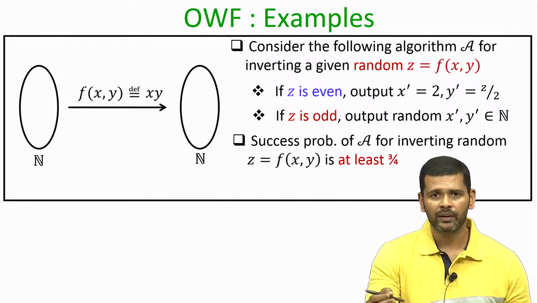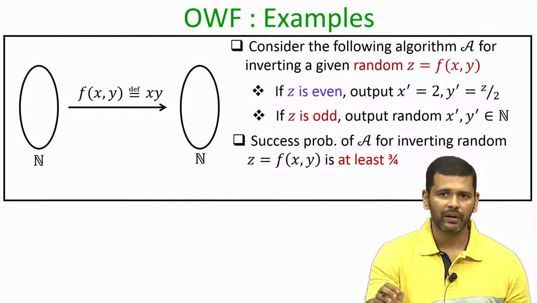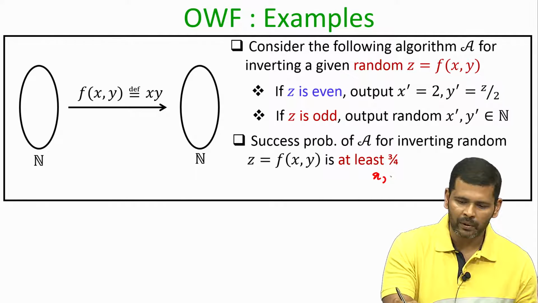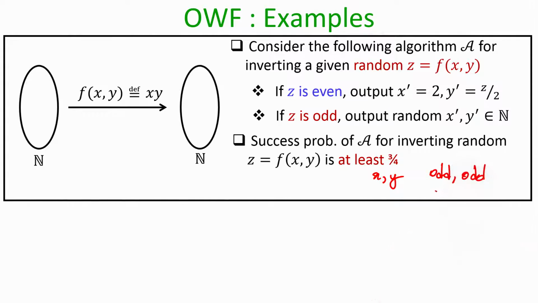It turns out that the success probability of this inversion algorithm is 3 by 4, because since the function is a 2 input function, the possible values of x comma y could be odd comma odd, odd comma even, even comma odd, and even comma even.